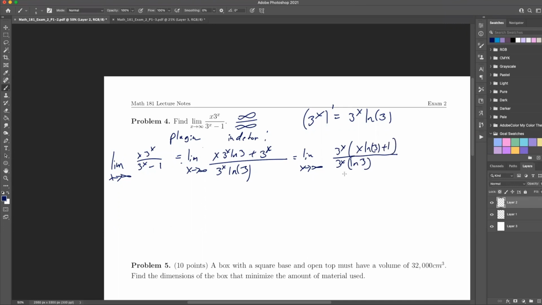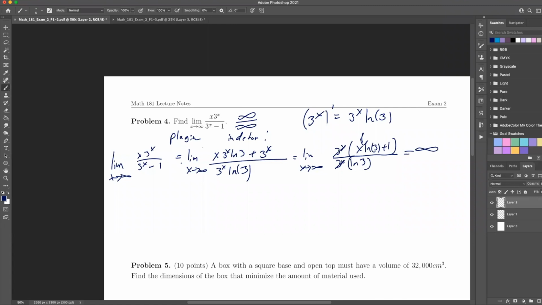All right, does everyone see how I took out that 3 to the x? Because now I can cancel the 3 to the x safely. What happens up here? This goes to infinity, because x here is going to go to infinity, right? And then this is just going to stay 3, so this overall goes to infinity.